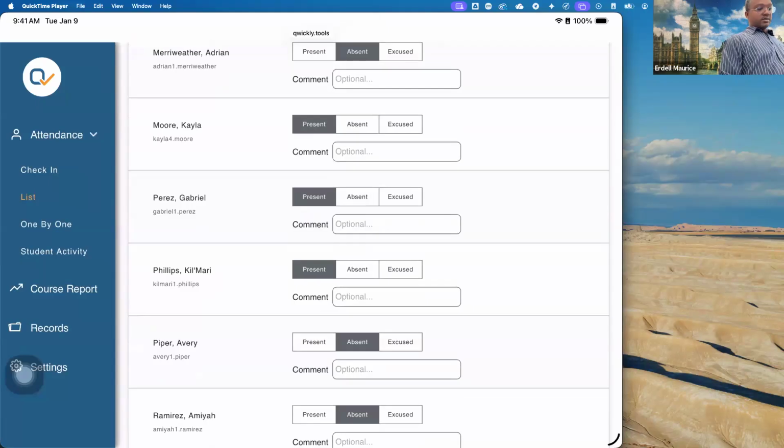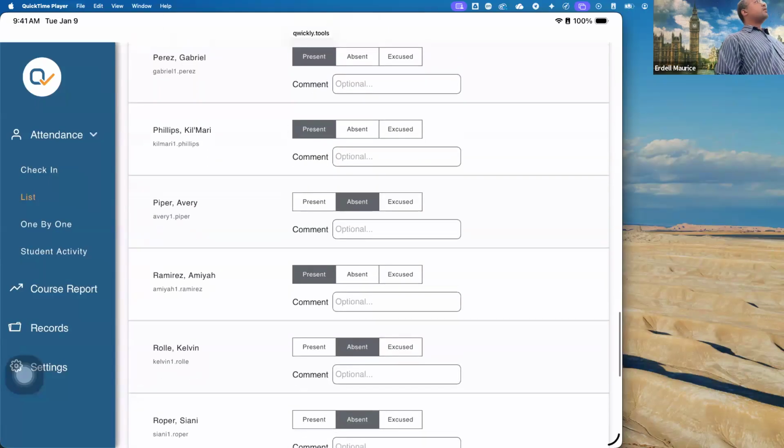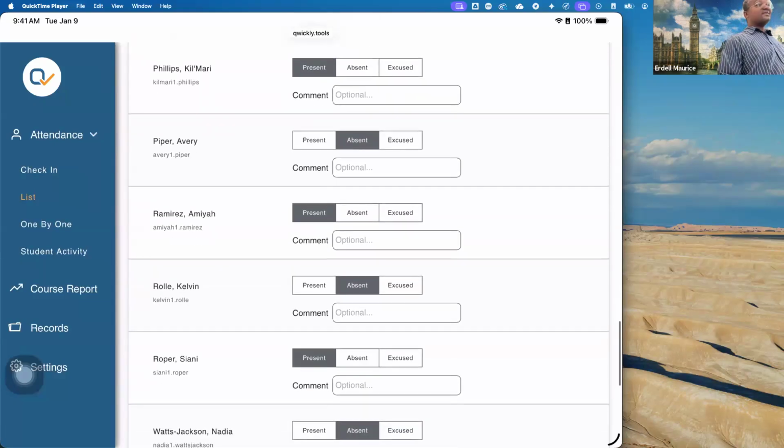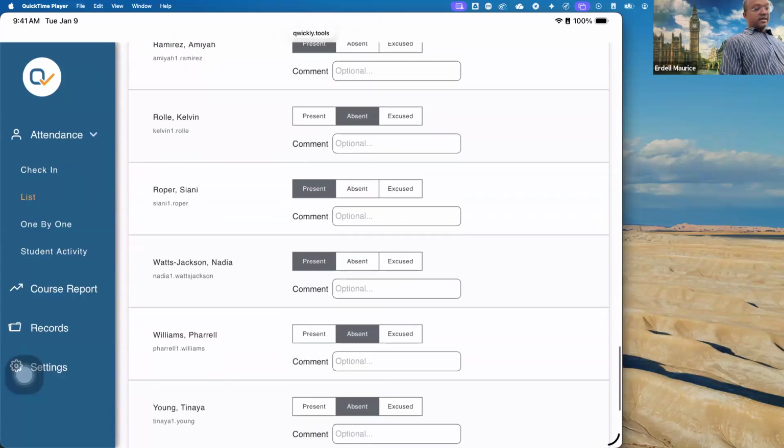Piper, Ramirez, Here. Roll, Roper, Here. Watts, Jackson, Williams, Young.